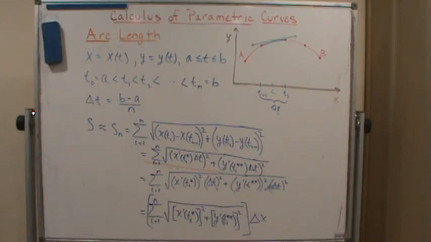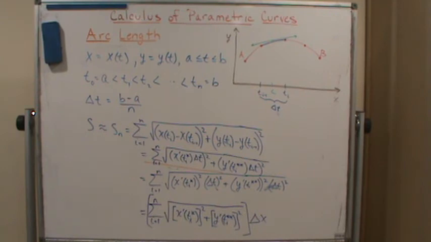So this is the Riemann sum that approximates the arc length over a partition of the interval from a to b. Okay, now if we further assume that the derivatives are continuous, we haven't talked about that, but if we further assume that the derivatives are continuous and let the number of points in the partition increase without bound, right?